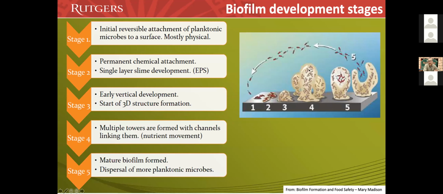So there's 5 stages, and we're going to go through this a couple times in various forms. So first, stage 1 is that there is a reversible attachment of the bacteria to a surface.